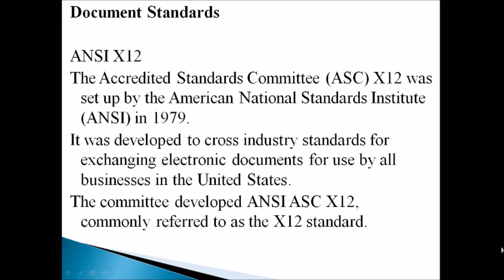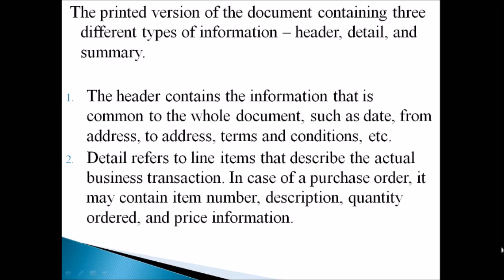So this X12 standard was developed mainly for the industry standards for exchanging their documents or information over the internet as electronic documents. The printed version of the document contains three different types of information, that is header, detail and summary.